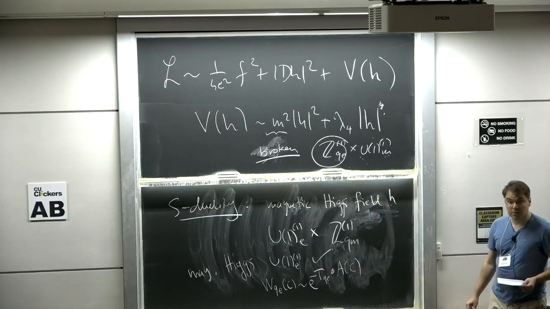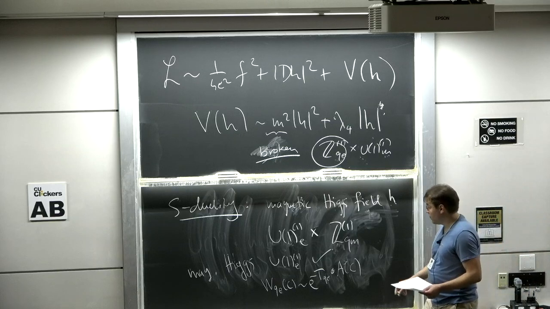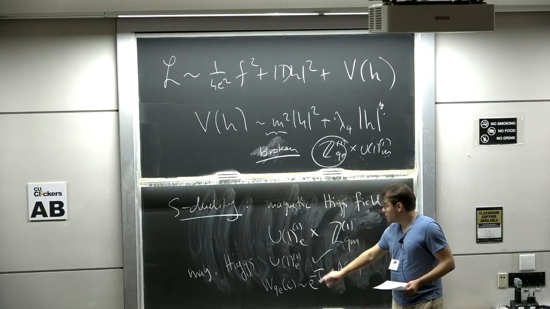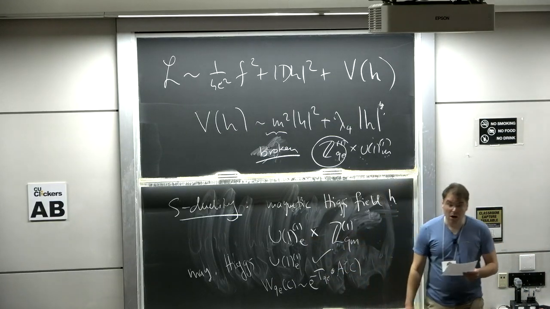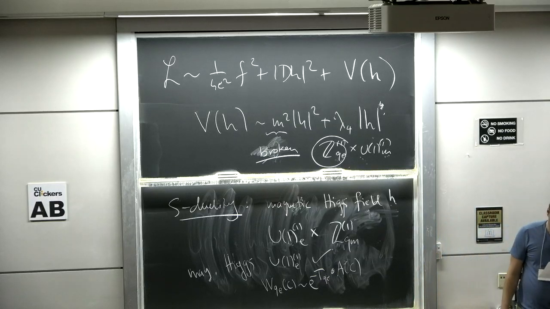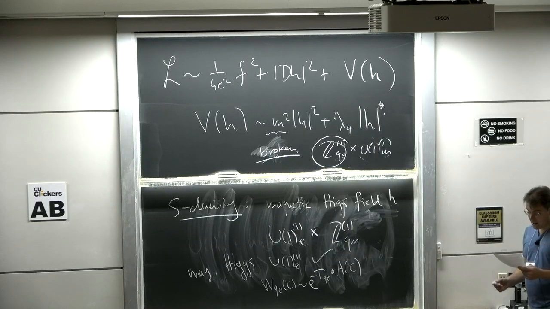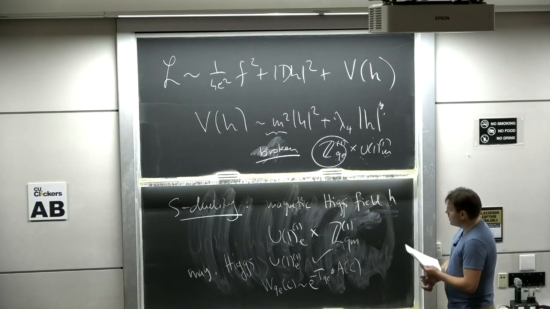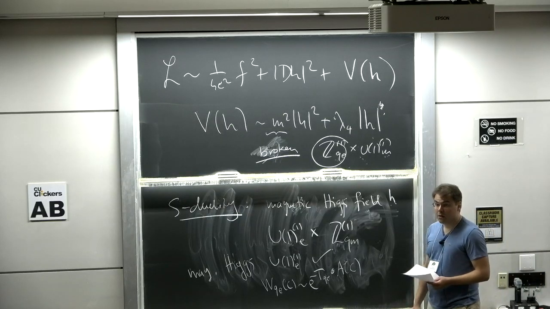And therefore, electric charges are linearly confined by strings of this tension, and the U1 electric symmetry is unbroken. So the magnetic Higgs phase, physically, in terms of symmetries, in terms of everything, is tantamount to electric confinement. And so confinement and Higgsing are electric-magnetic duals.